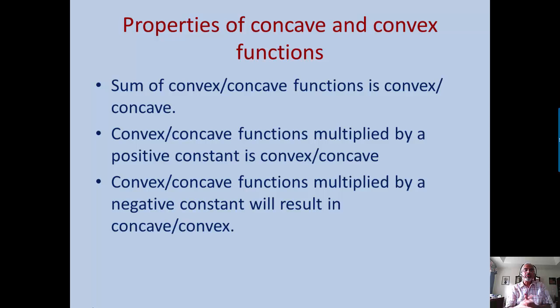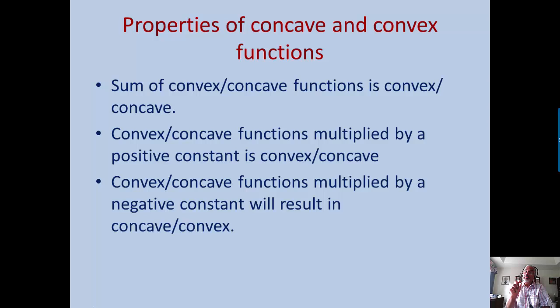Some other properties: if you sum concave functions, the resulting function is concave. If you sum convex functions, the resulting function is convex. And if you multiply functions of the same type with a positive constant, then the resulting function is of the same type. Convex means convex, concave means concave.